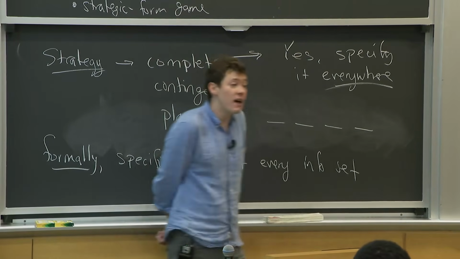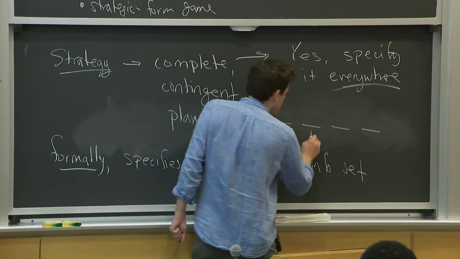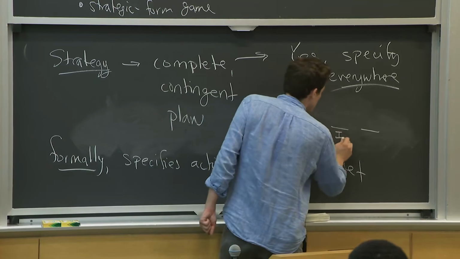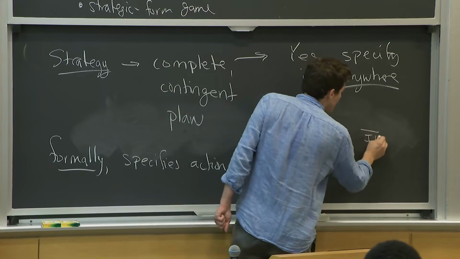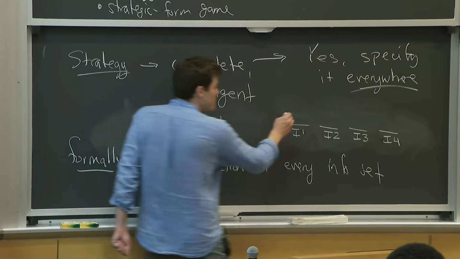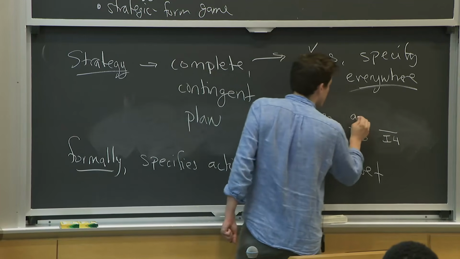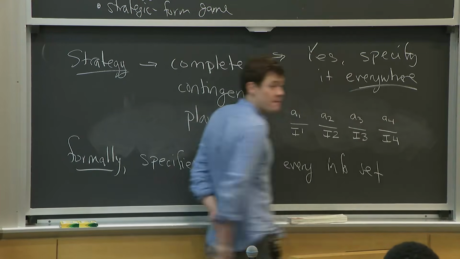So let's say a player has 4 information sets. Maybe this is information set 1, information set 2, information set 3, and information set 4. And the way you specify a strategy is to specify an action here. Maybe I'll call it A1, an action here, an action here, an action here.